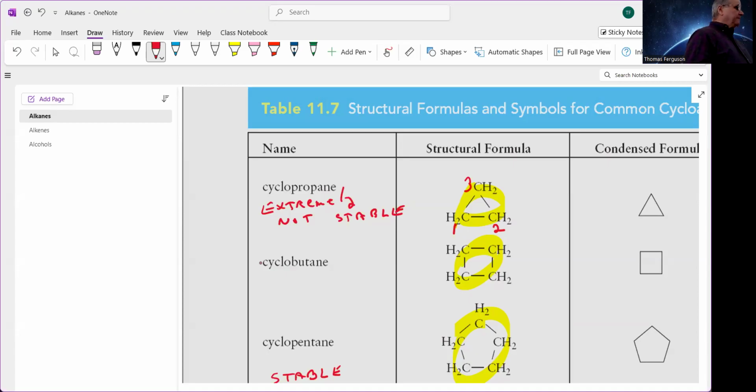And a guy got a Nobel Prize for making dynamite using TNT. He made it more stable. Nobel Prize. And guess what his name was? Nobel. Dr. Nobel. He invented dynamite.